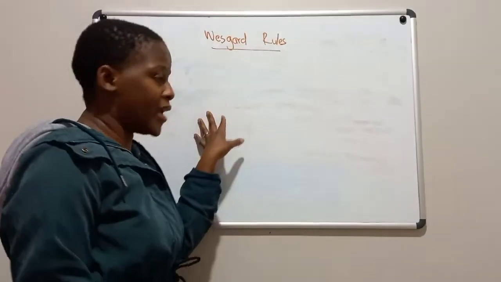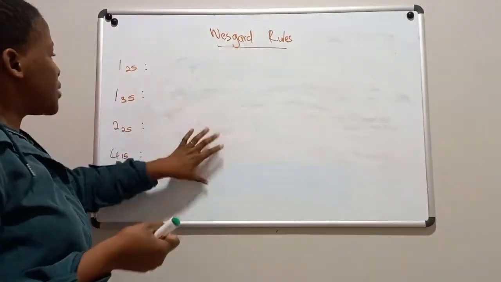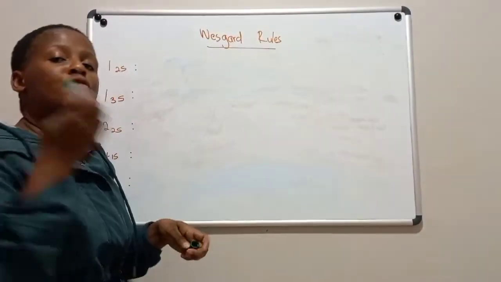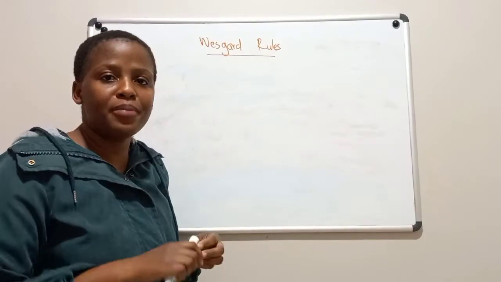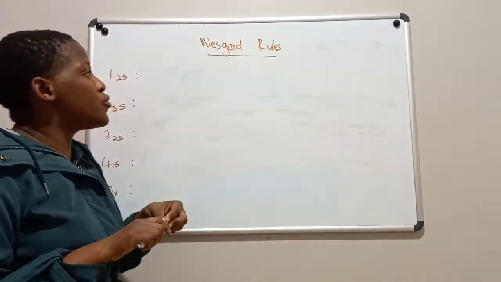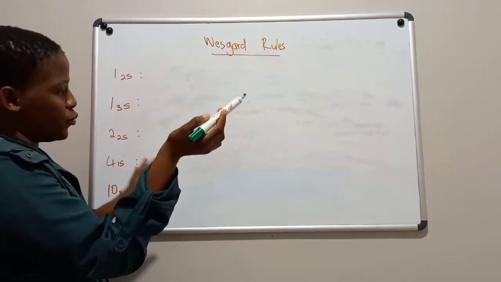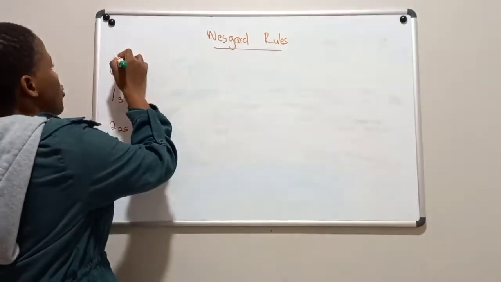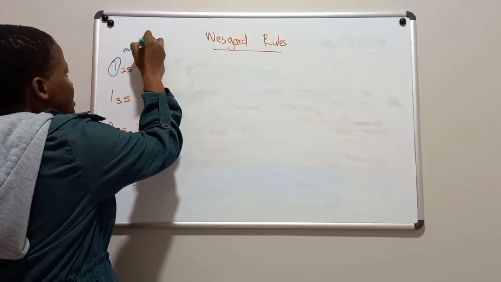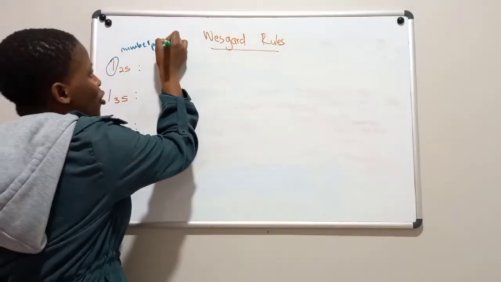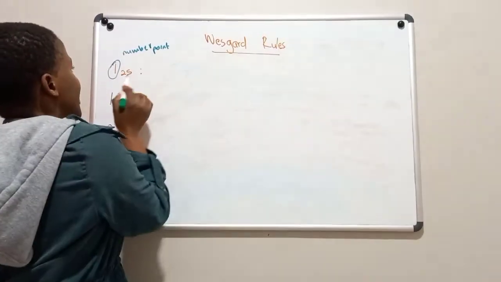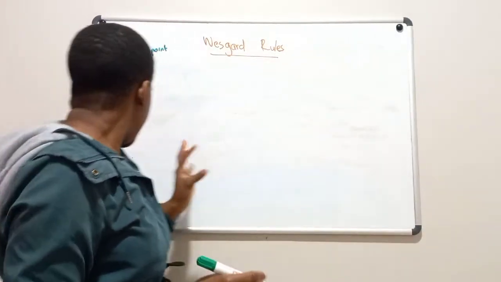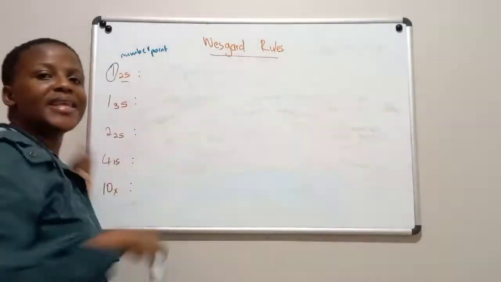I have them here. What I would say, for them to be easier to remember, is that the number before the letter will always represent the number of points on an LJ graph, and the value with the letter S next to it will represent the SD.